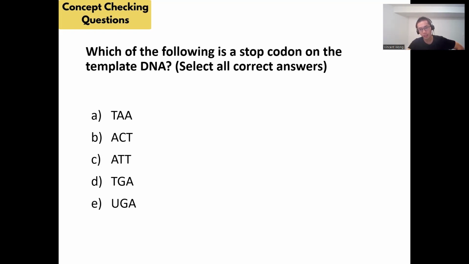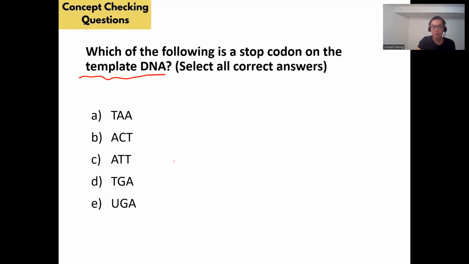Now, when you see a question like this, instinctively a lot of people choose E, but that is not the answer. You're like, what do you mean? You said you got A. That's the stop codon. Be that as it may, but this is talking about the template DNA, and there's definitely no uracil in the DNA.